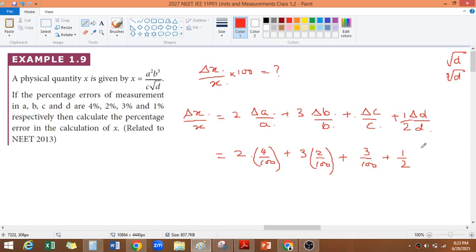Delta D by D, so 1 by 100. So I can say 8 plus 6, 14, 14 plus 3, 17, 17, this is 0.5, right? So 17.5.